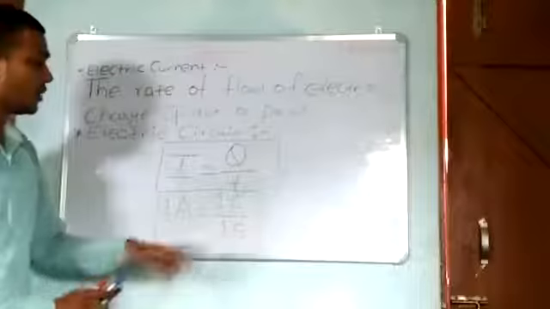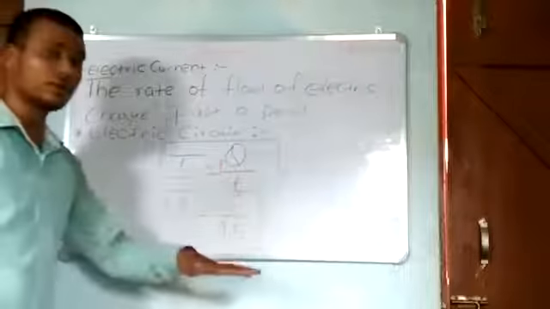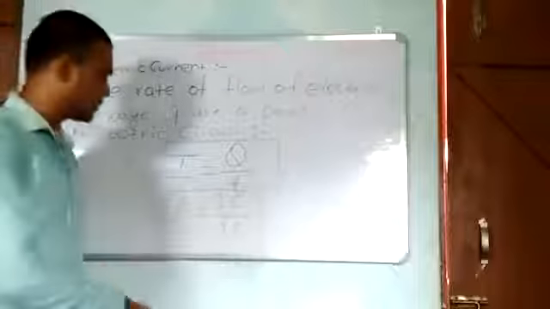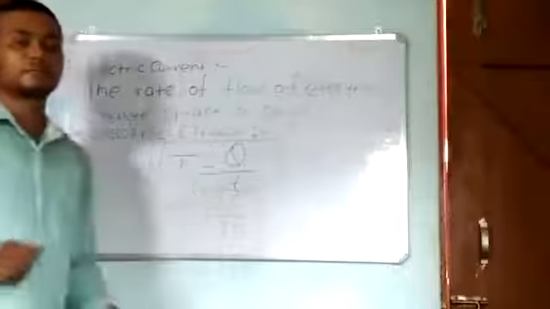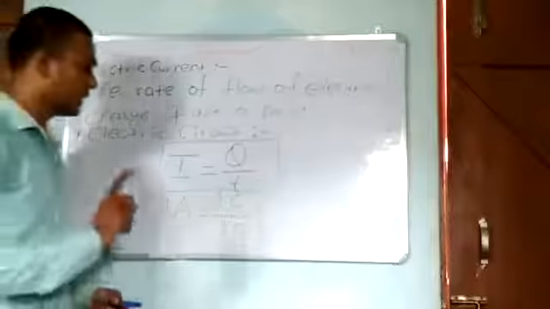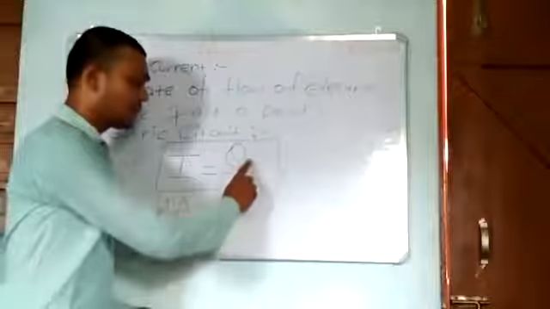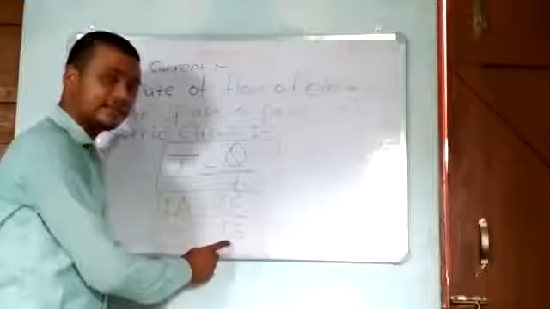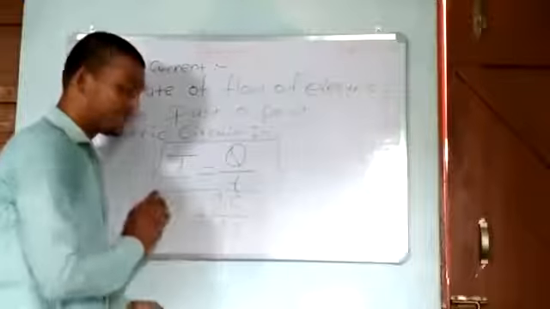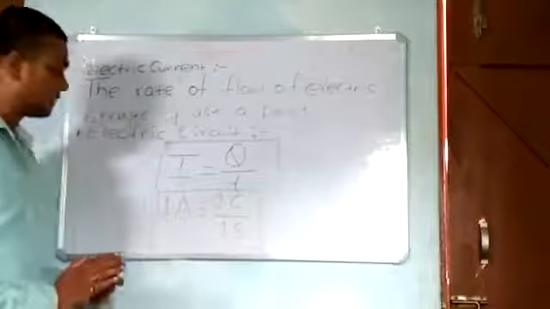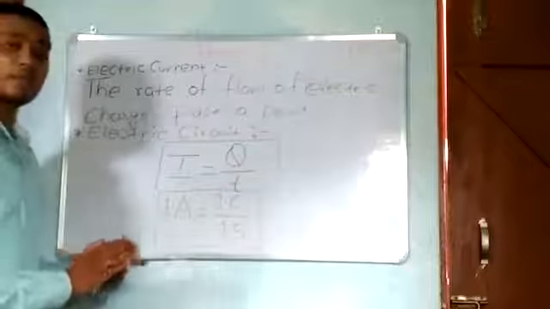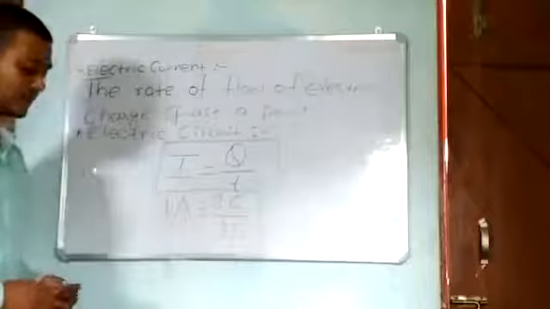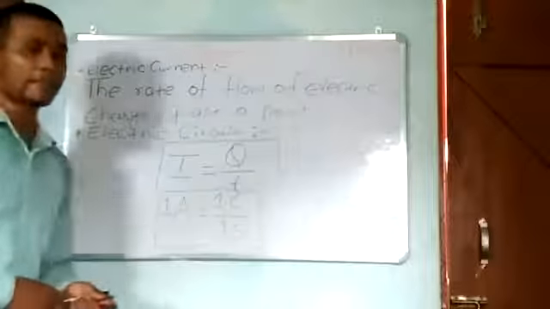If 1 coulomb of electric charge flows per second, then the current is equal to 1 ampere. I repeat, if 1 coulomb of electric charge flows per second, then 1 ampere of electric current flows in the electric circuit.